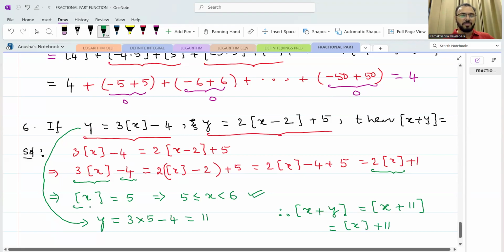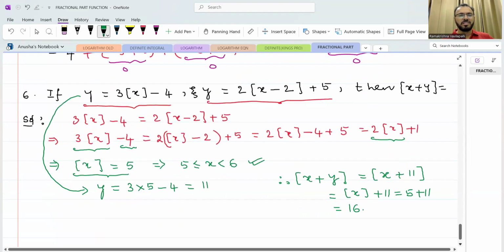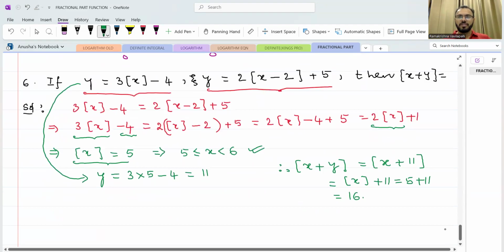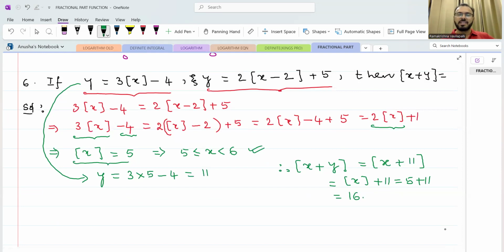Here we got integral part of x equal to 5. So this is equal to 5 plus 11, that's equal to 16. We have solved this question. In the next class, I will again solve some more questions based on properties of greatest integer function.